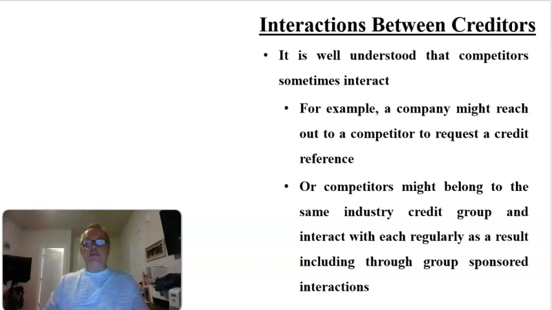For example, a creditor might reach out to a competitor to request a credit reference, credit information about a common customer, or in response to an application they've received from a potential new customer. Or, as often happens, competitors might belong to the same industry credit group and interact with each other regularly at quarterly, semi-annual, or annual meetings and other group-sponsored interactions.